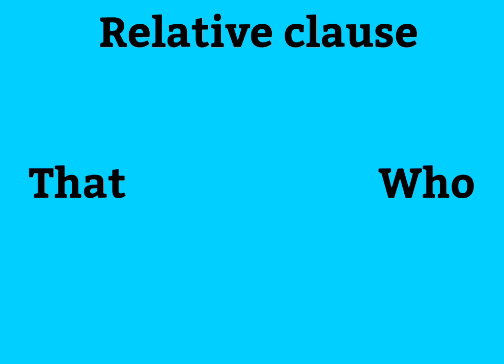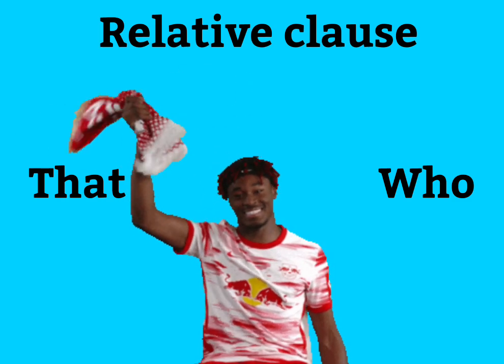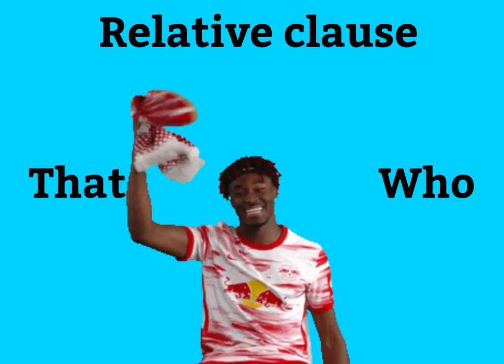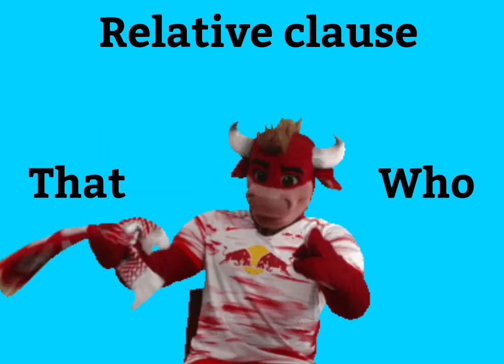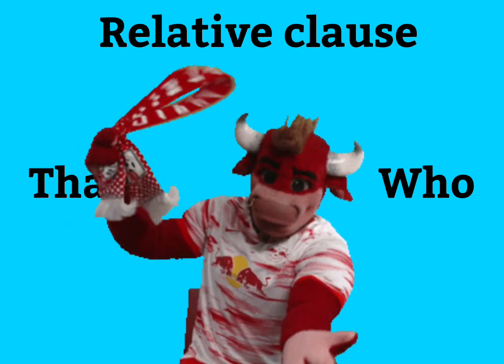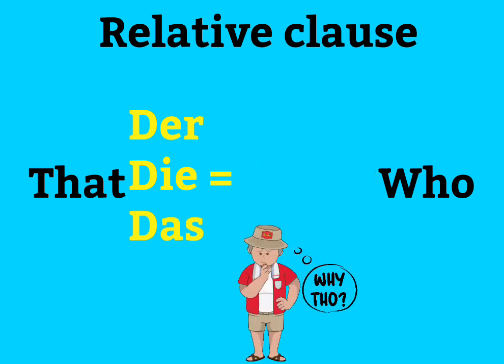It's kind of like if you were at a football game and you were pro one side of that football game. That means that you were for them, okay? You are, in a sense, an extension of that football team. Similarly, that word, der, die, or das, is an extension of the actual noun that it's portraying. So it's kind of like it's representing.